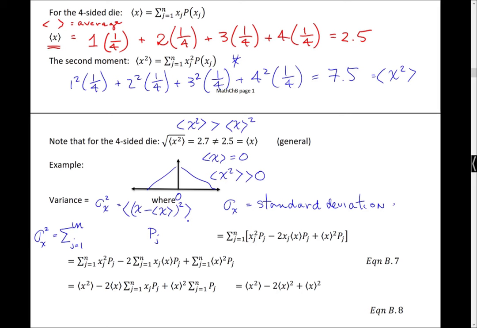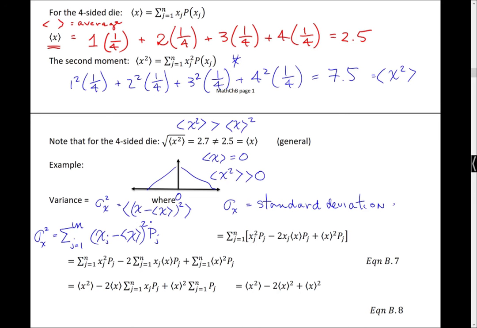I need to multiply that by the deviation of my observation from the average squared. Again, the average value of my function is going to be that function times the probability summed over all the possible outcomes. Make sense?